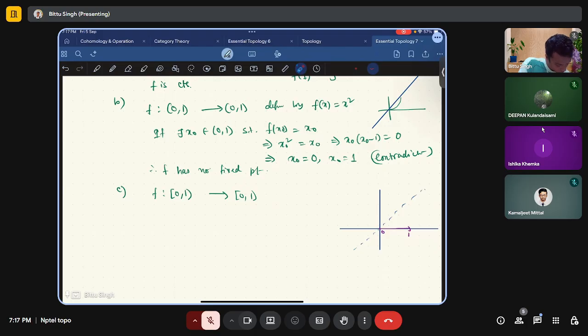That is, the range, the height of the function, will also belong to this. Okay, can you graphically imagine a function which does not cross the line on this [0, 1)?